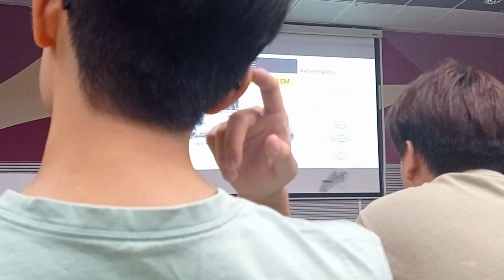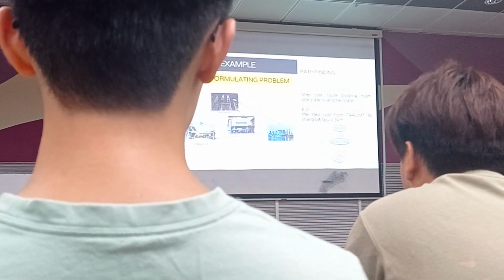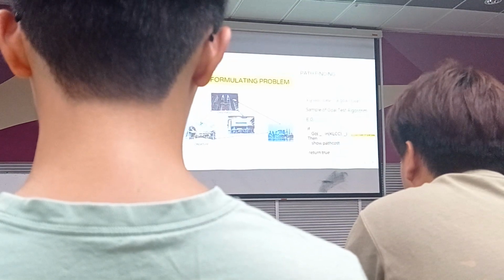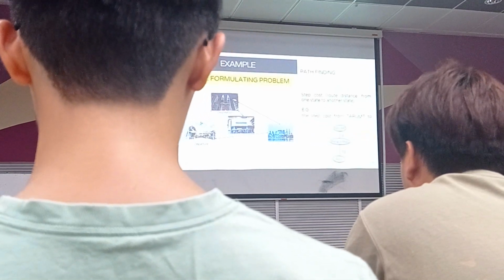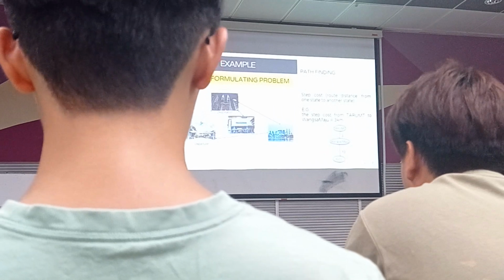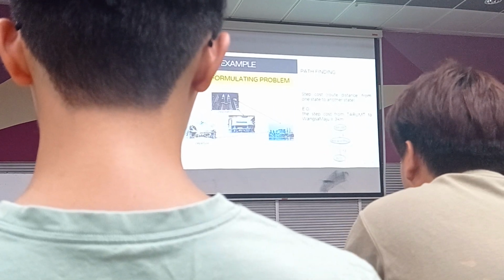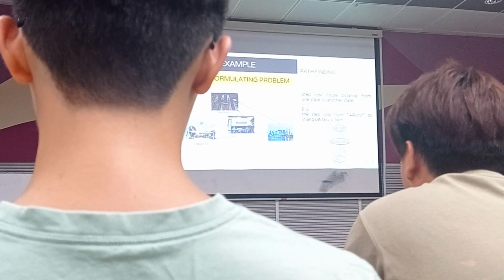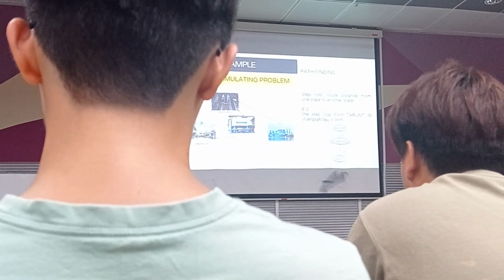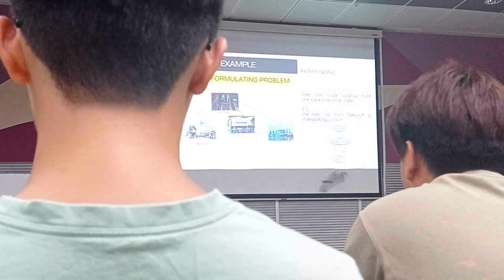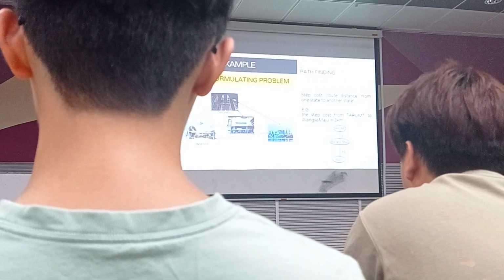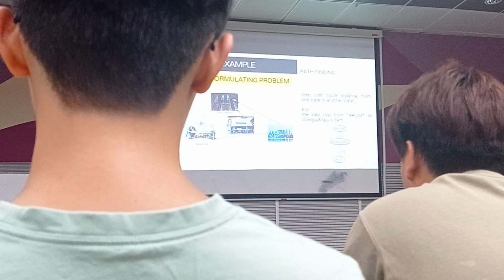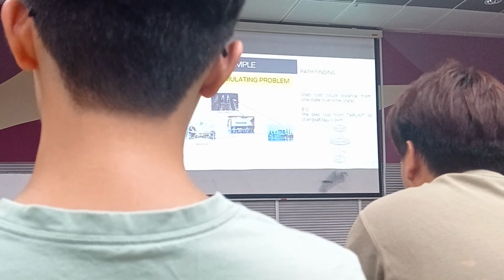Then we have the step cost. Step cost is just the cost of traveling from one state to another state. In this case, TiUMT to Wangsa Maju, the cost is equal to 3. Always remember the cost depends on how you define optimal solutions.